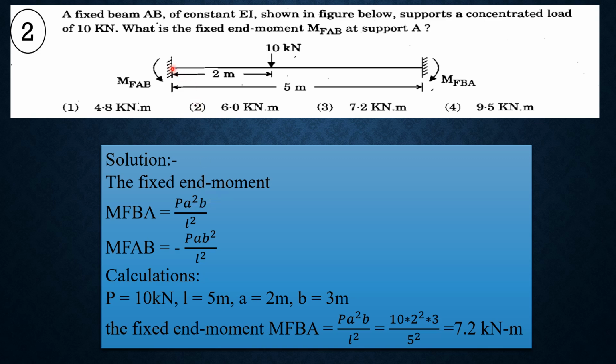So a is 2, b is 3, P is 10 kN, and L is 5 meter. The value of the fixed end moment MFBA is 7.2 kN-m. So option 3 is correct.